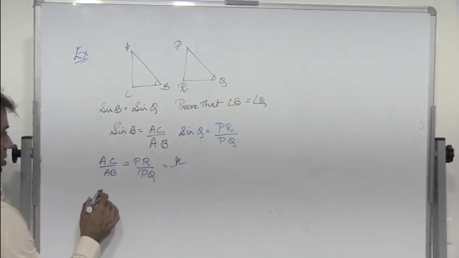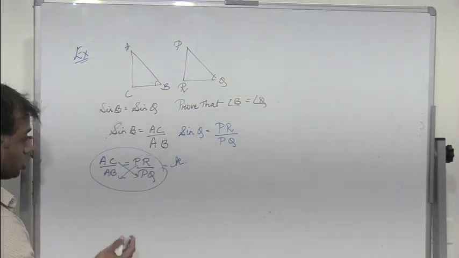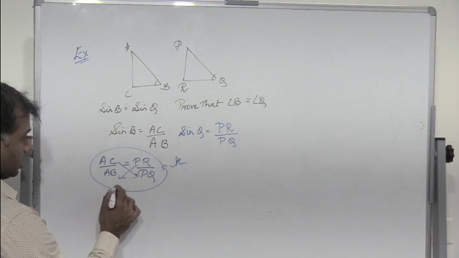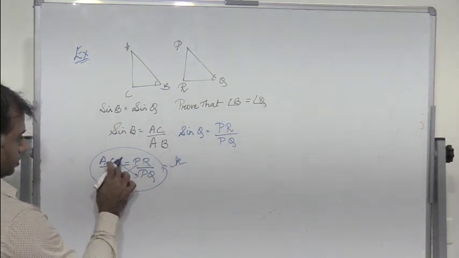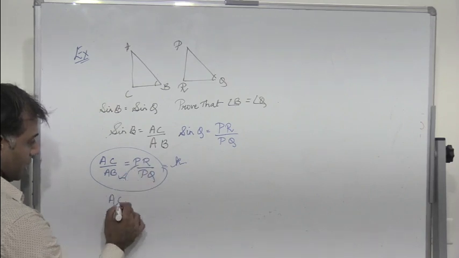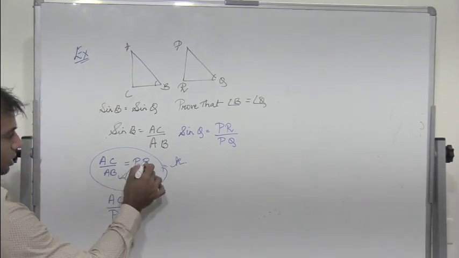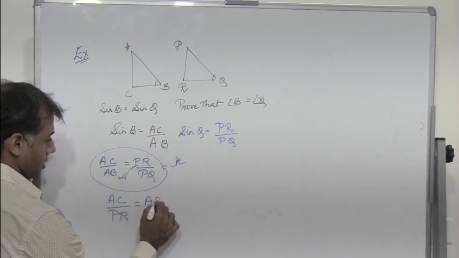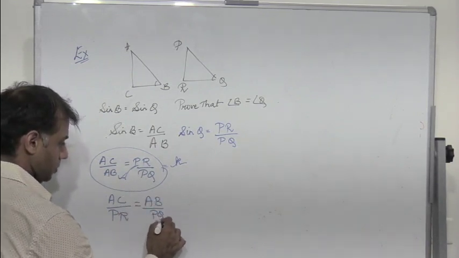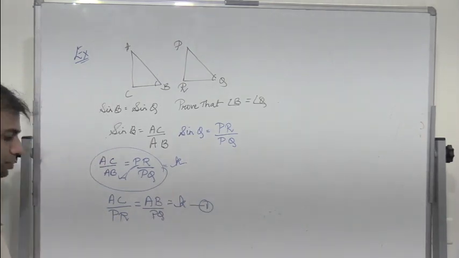Now from this, can they be interchanged? Yes, so let me bring this here. AC by PR, I bring AB on top, is AB by PQ, which is equal to k.